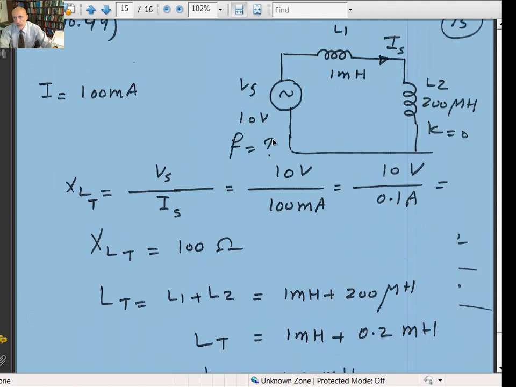As you adjust the frequency, what happens to the inductance value? The inductive reactance is going to go up because it is directly proportional to the frequency. With a constant voltage source here, 10 volts RMS, the current is going to go down as you increase the frequency.